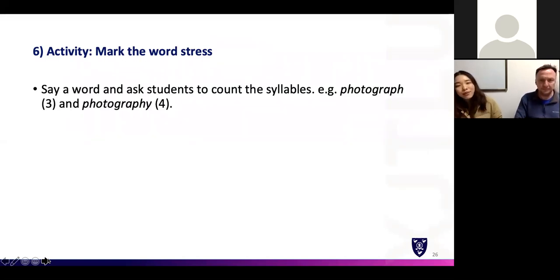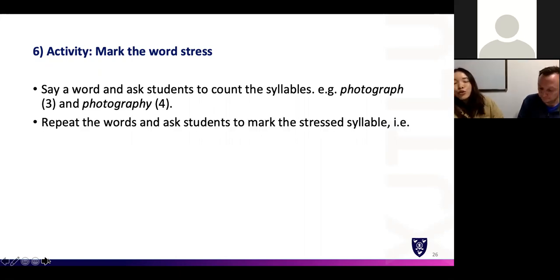Okay, so this is a very simple activity you can do in your class, and a lot of teachers here actually pay a lot of attention to word stress, right? So say a word and ask students to count the syllables. For example, when you teach the word photograph and photography, you can ask them how many syllables there are in the two words.